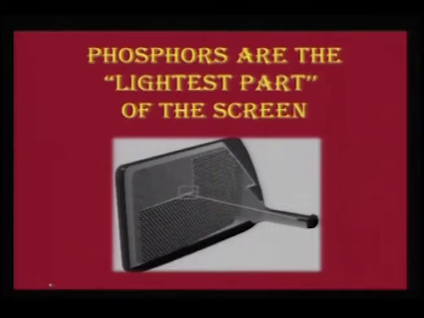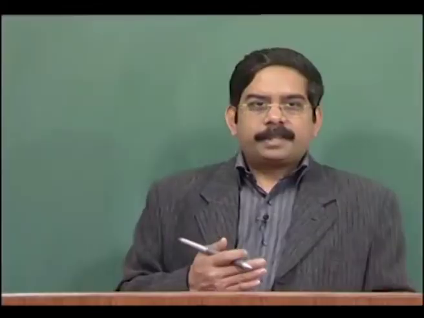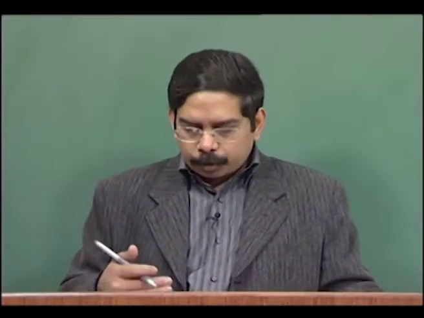When you look at the CRT tube, you would wonder where exactly these phosphors come into the picture, but actually the phosphors are the lightest part of the screen, as somebody put it, because the panel that you are facing, which is the glass panel, actually contains phosphors in very small units as triads. I will show the contour of how these phosphors are coated on the glass screen, and this is a very well established technology now.